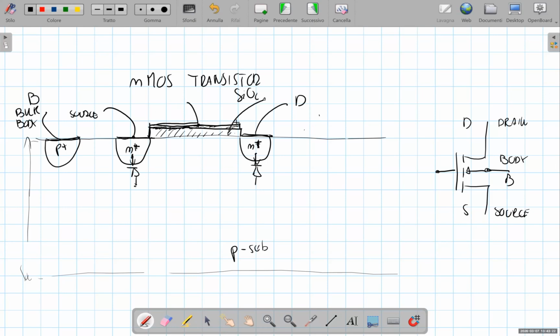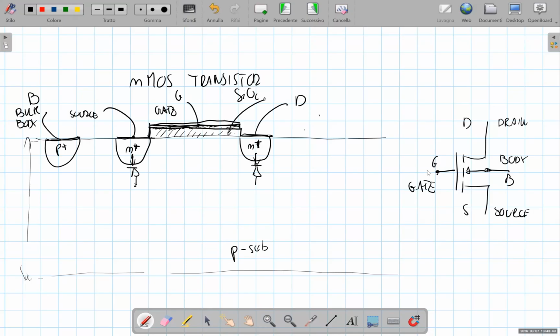This top plate is called the gate of the transistor, and it corresponds to the gate terminal in the symbol.